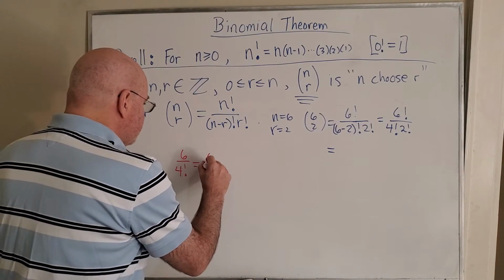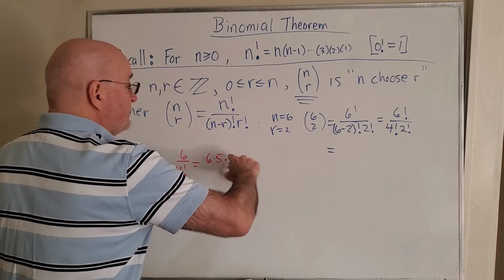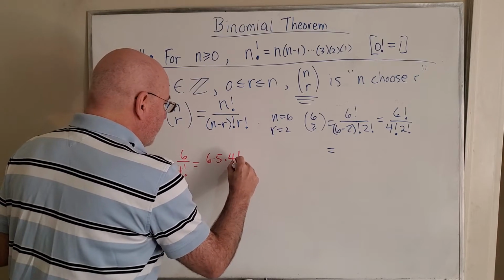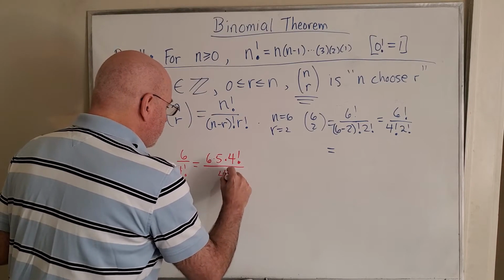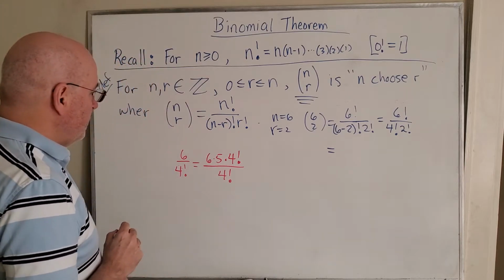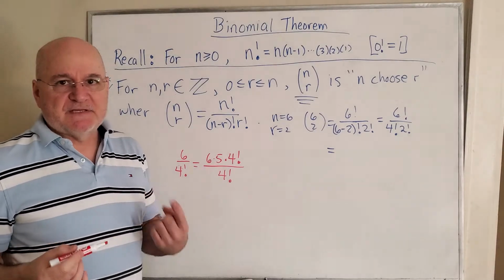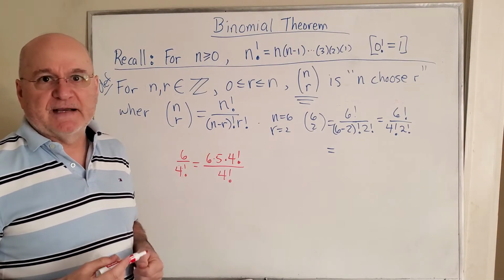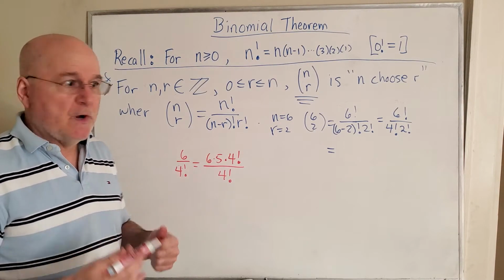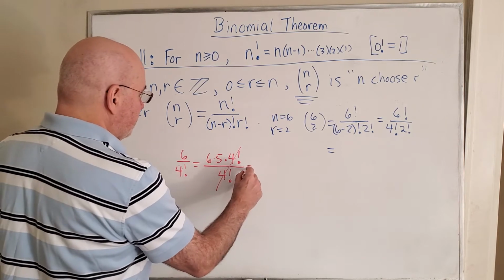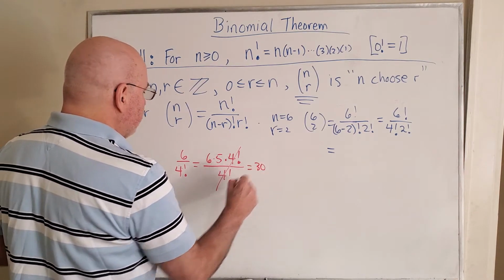Because this can be written 6 times 5 times 4 all the way down to 1, or in other words, 6 times 5 times 4 factorial, over 4 factorial. Anything over itself is equal to 1. 4 factorial over 4 factorial is 1. That cancels and gives us 6 times 5, which is 30.